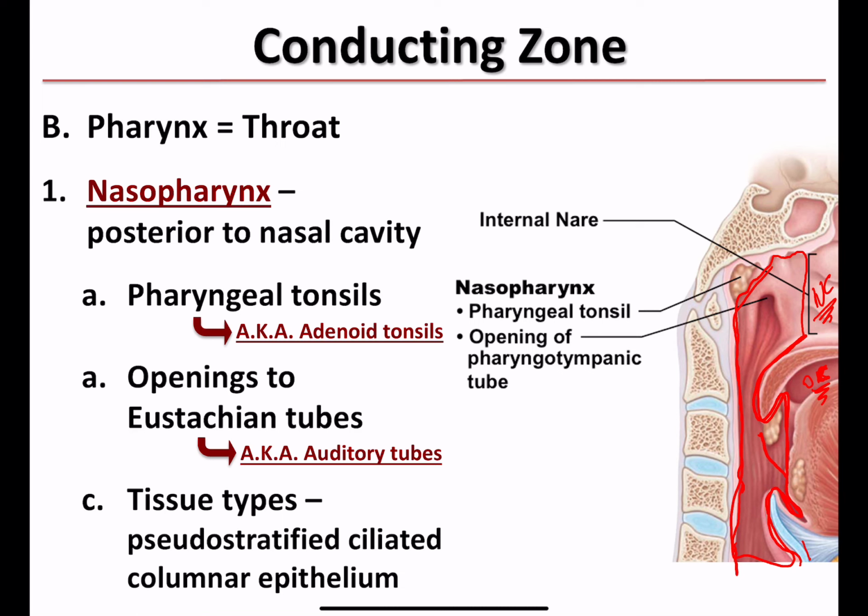And this little flap of cartilage right here is your epiglottis, which shuts to prevent food from going down into your larynx. Down here, it's not really shown, but this is where your larynx is. And if you keep on going down here, this is where your esophagus is. All right? So this basically shows the entire boundaries of the pharynx.